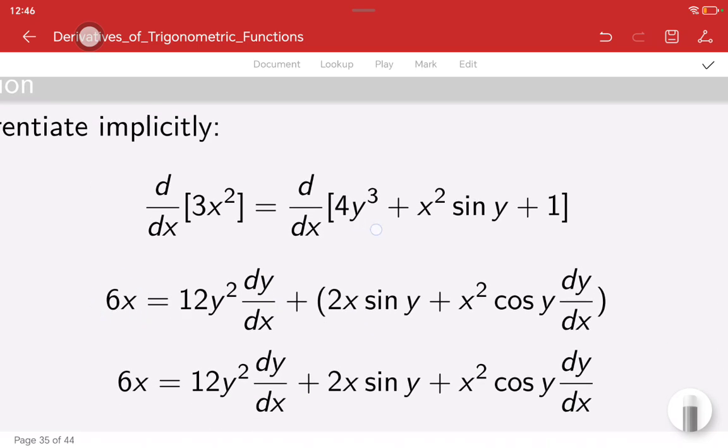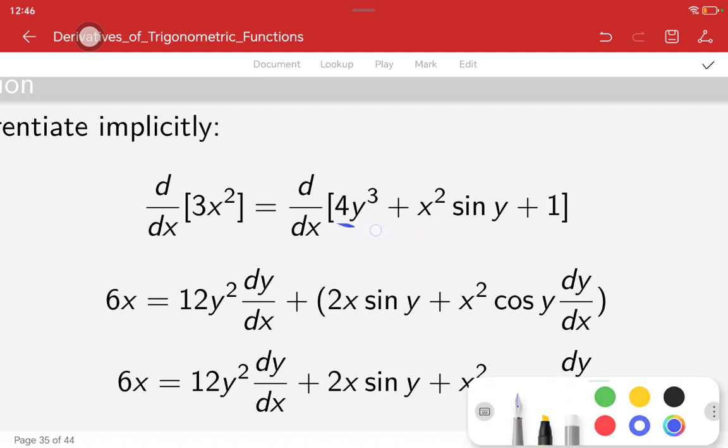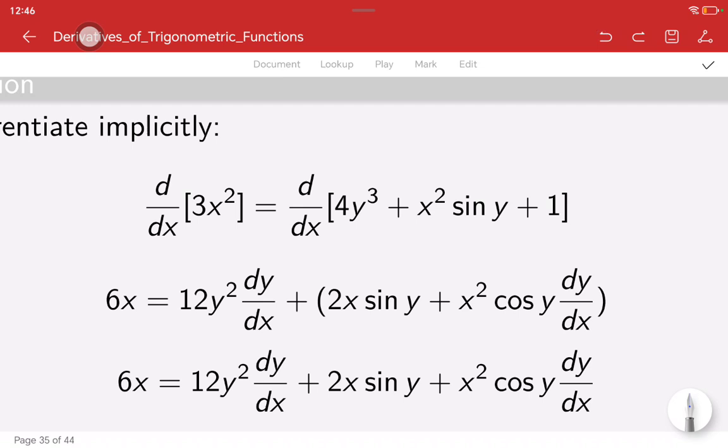Then the right hand side: if I derive 4y to the 3, I drop the 3 and multiply by 4, we get 12, then we're left with y squared. But we are deriving y with respect to x, that's why we multiply by dy over dx. So that's how you read it.